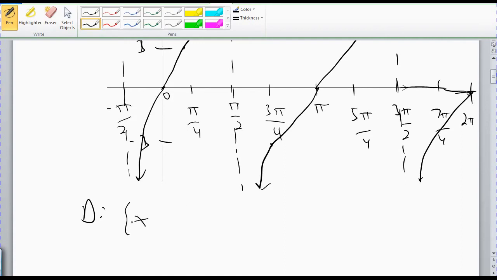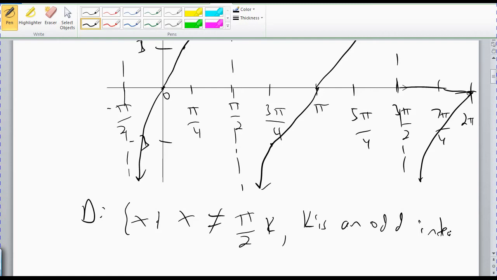So the domain is all x such that x does not equal pi halves k, where k is an odd integer. Good thing I remember this. This is for your benefit. And then the range goes down forever and goes up forever. Negative infinity to positive infinity.